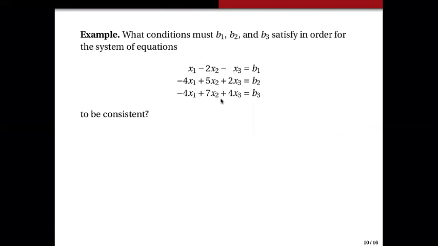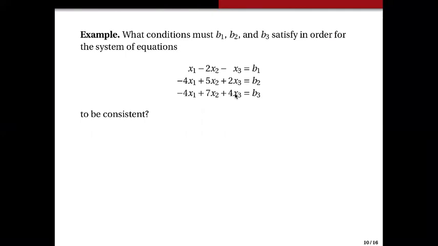So you have here a square matrix of coefficients. You can check whether this matrix of coefficients is invertible or not. If it is invertible, then definitely this system is consistent.